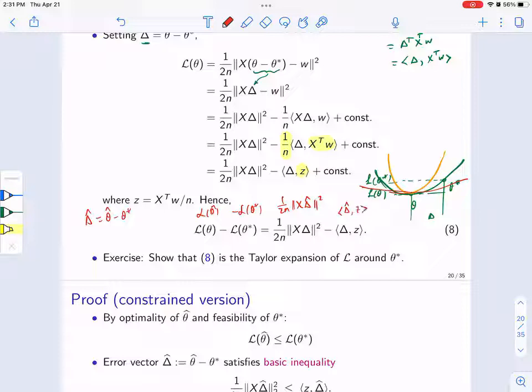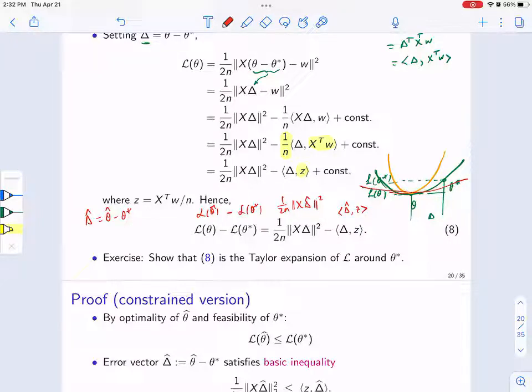And I would like this delta hat, the direction of the optimal solution, to be along the directions in which I have curvature. If it's flat, it's going to be problematic. And you can see if this is going to be large, then we're going to have a very nice result. Because then I can say, whenever this part is small, then delta hat has to be small. If the curvature is not there, if this is small, it could be that I have moved a lot without changing much.